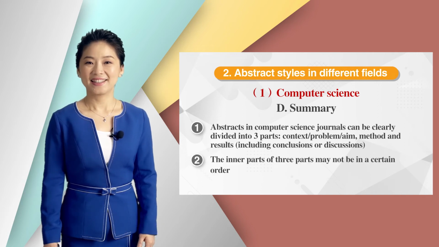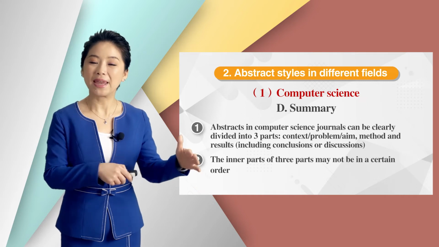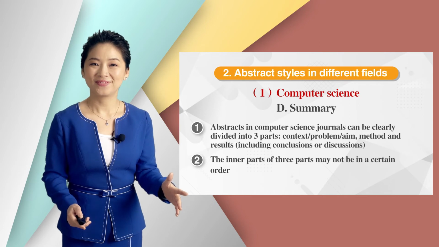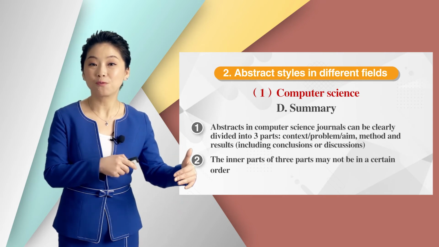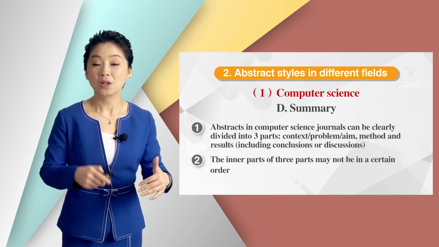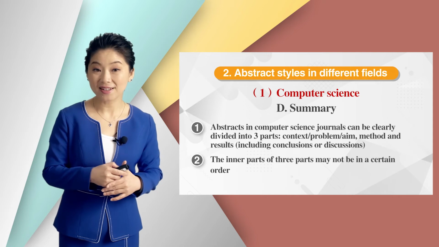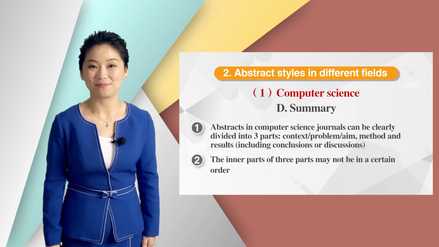Second, the inner parts of the three parts may not be in a certain order, but these three parts must follow the order: context, problem, aim, method, and result, conclusion or discussion.